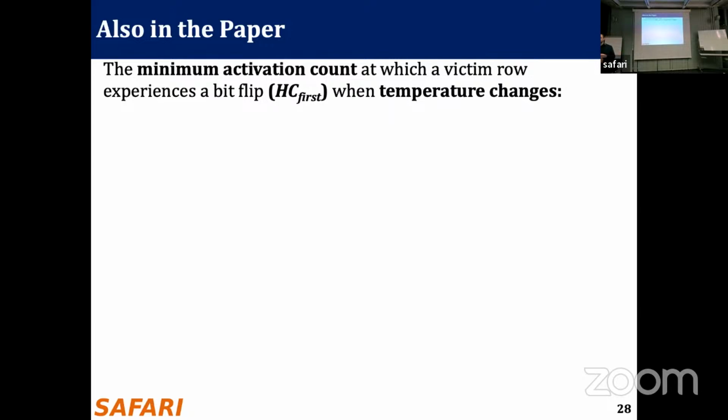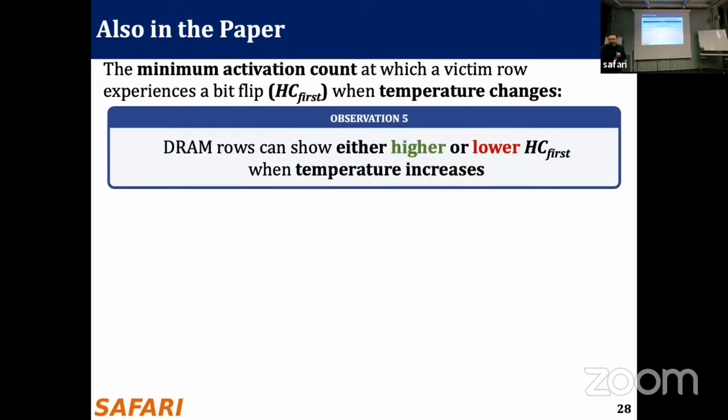So we also checked how the minimum activation count to induce a bit flip changes, which we call HC first. This is the first hammer count to reach the first bit flip. And we observe that it can change both ways depending on the manufacturer.